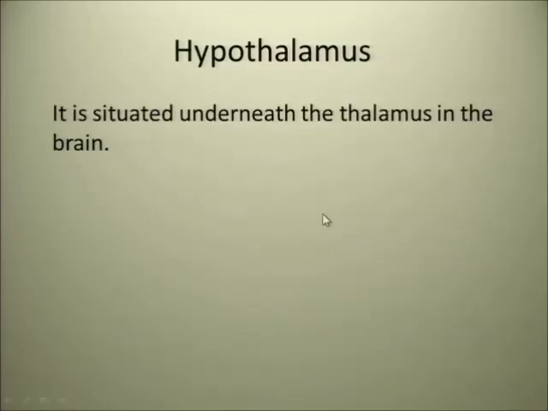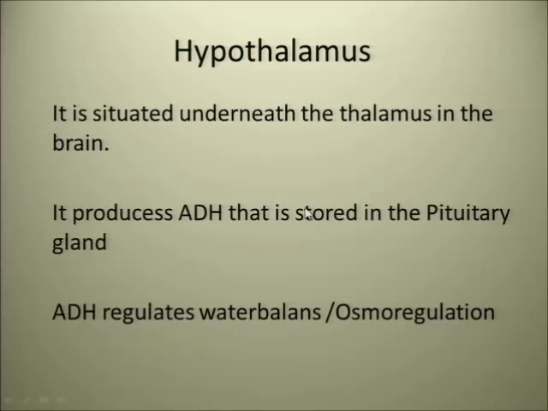Now people, very important, and I see many times the learners get it confused. The hypothalamus is situated underneath the thalamus. It produces ADH that is stored in the pituitary gland. So actually the hypothalamus produces ADH. Where is ADH produced? Hypothalamus. Where is it stored? In the pituitary gland. Which gland secretes ADH? It's the pituitary gland.